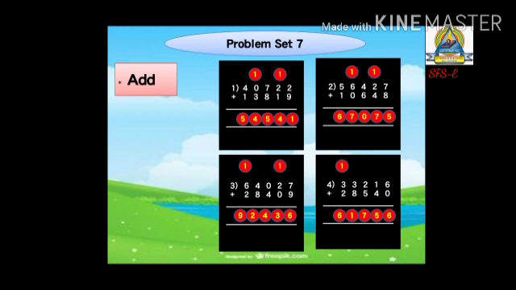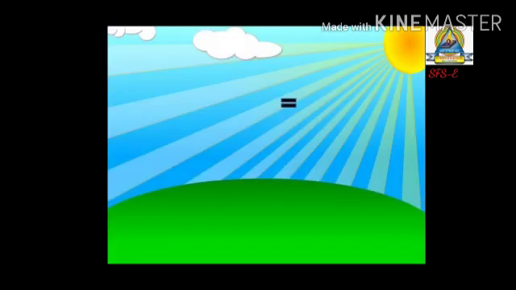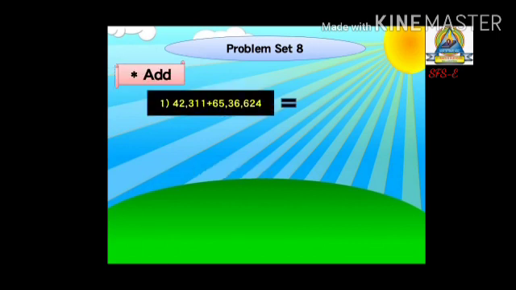Okay, now using the same method we are going to add 6 and 7 digit numbers. Where two more columns will be added, lakhs and 10 lakhs column. So let's see how to add 6 and 7 digit numbers. So this is problem set 8. First one is 42,311 plus 65 lakhs 36,624.